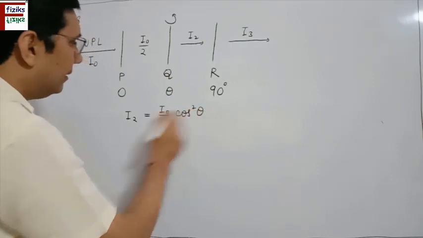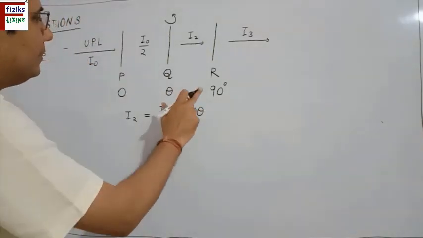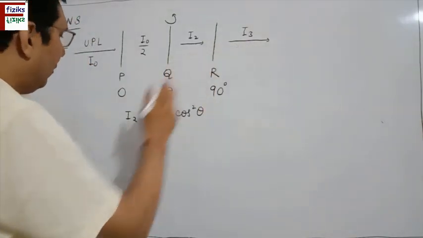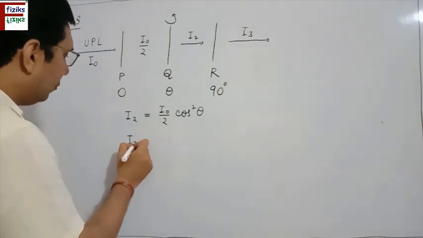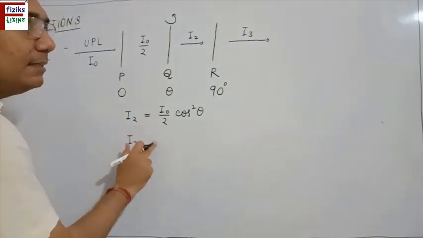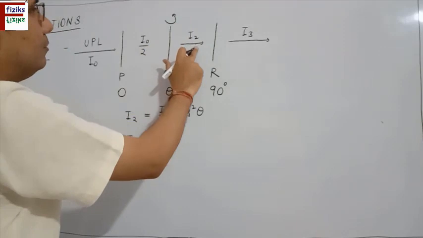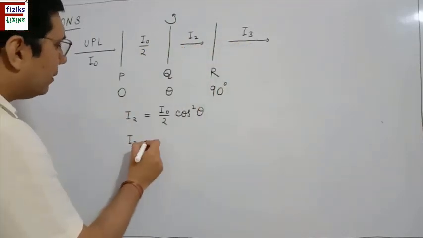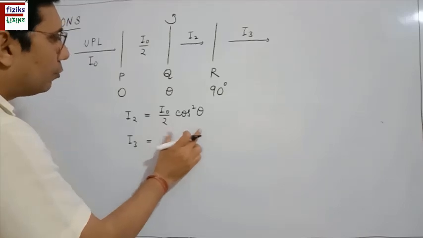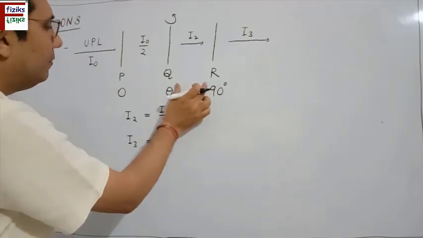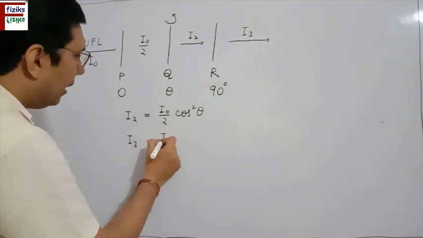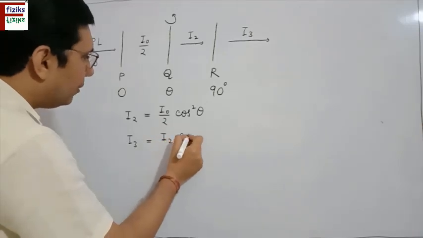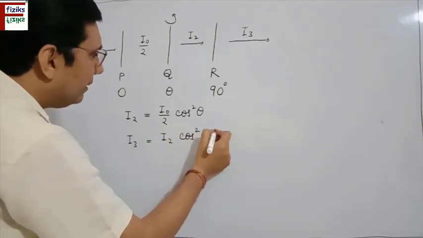When calculating I3, this I2 acts as the initial intensity and this is the emerging intensity. So I3 will be I2 cos square of the angular difference between these two, which is cos square (90 minus theta).